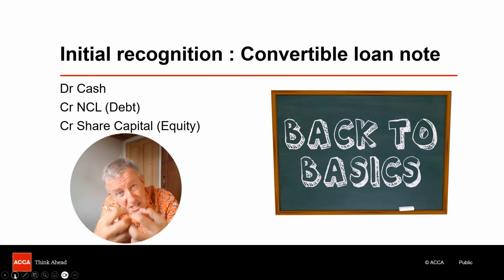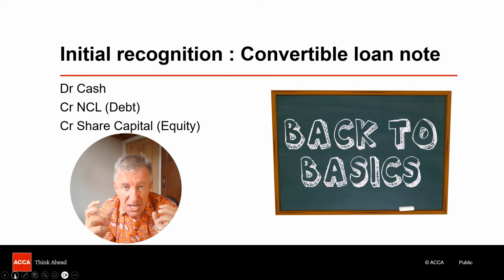So it's necessary to split out the debt and the equity elements because they are accounted for in very, very different ways. So we can measure the debt element at fair value. We can measure the debt element, the obligation element, at the present value of the future cash flows.